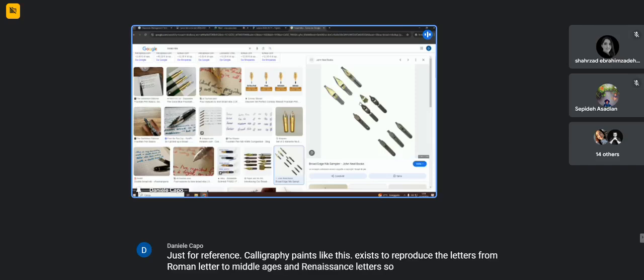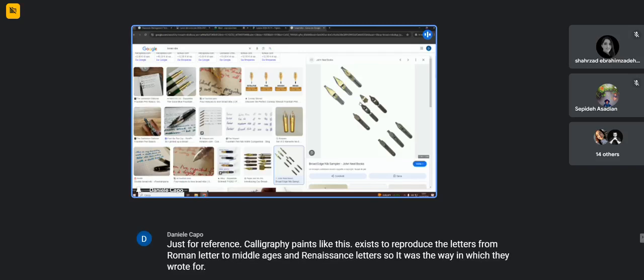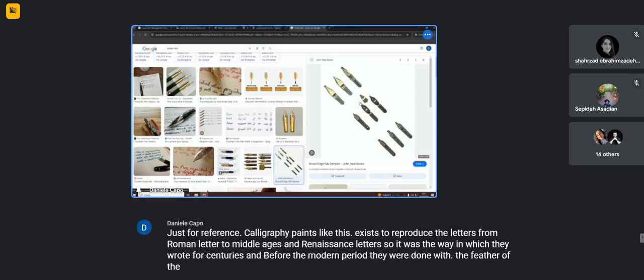So it was the way in which they wrote for centuries, and before the modern period, they were done with the feather of a bird cut in a way that is similar to this.